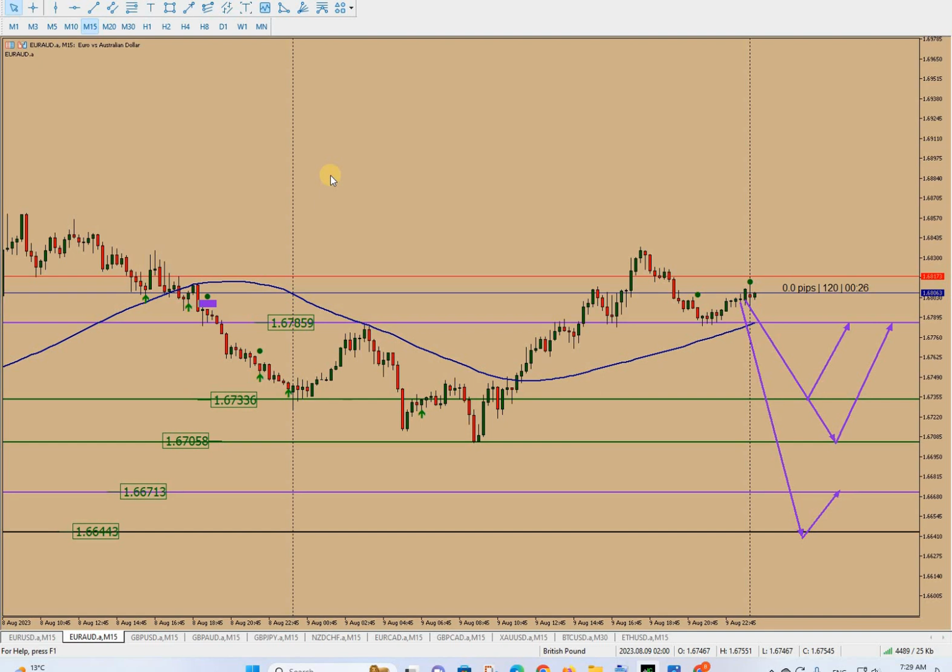First, they give us the hidden support and resistance in the past, and then according to that level, if we have to buy, we need to see the green arrow or red dot, or if we have to sell, we need to see a red arrow. I'm going to explain briefly what I mean.